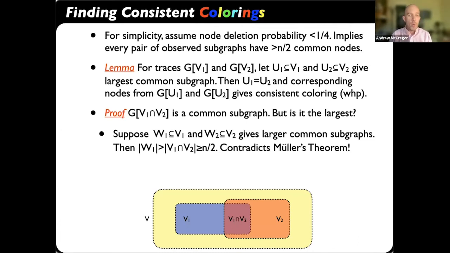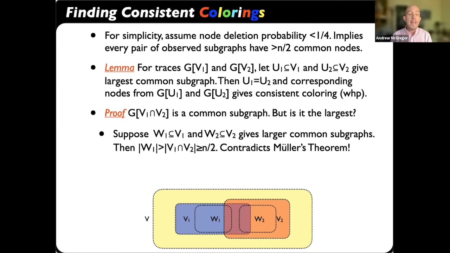Suppose we found a larger common subgraph between the trace on V1 and the trace on V2. So let's say we had W1 over there and W2 over there. Well, in that case, W1 would be strictly bigger than the size of the intersection, and the size of the intersection was going to be more than n over 2.